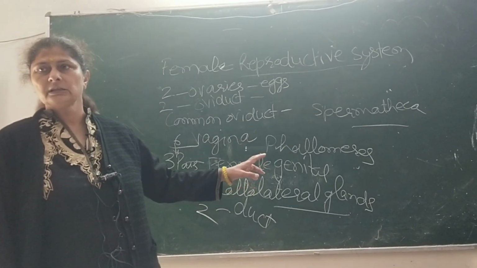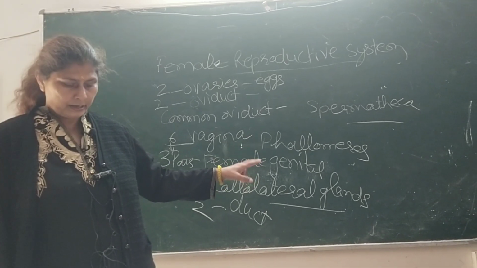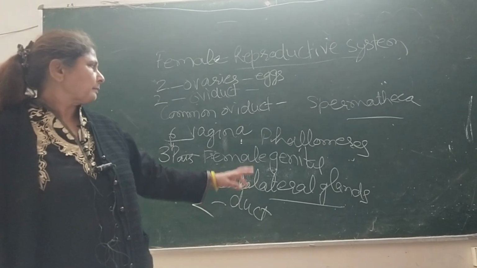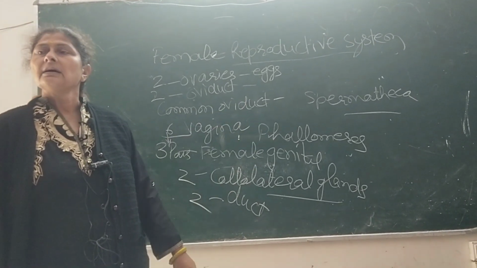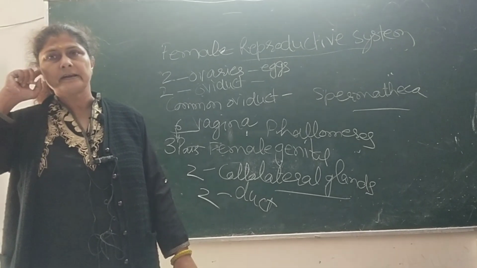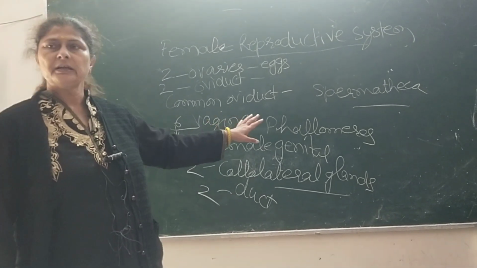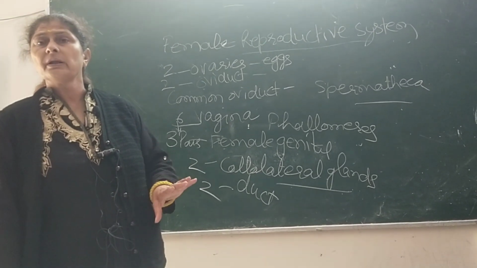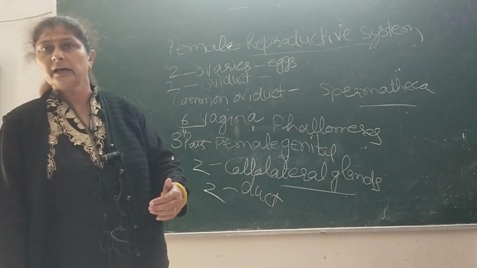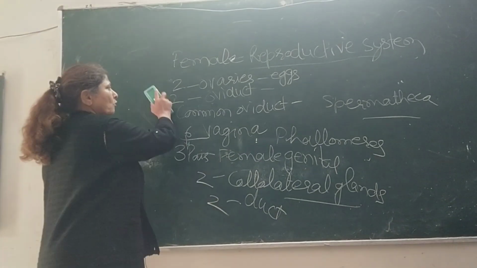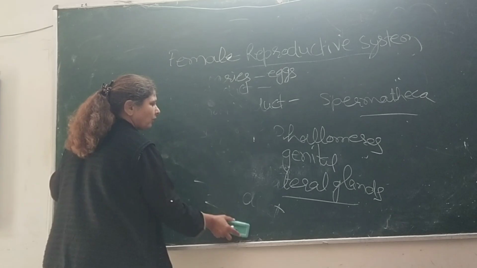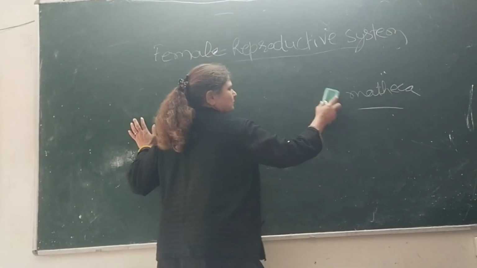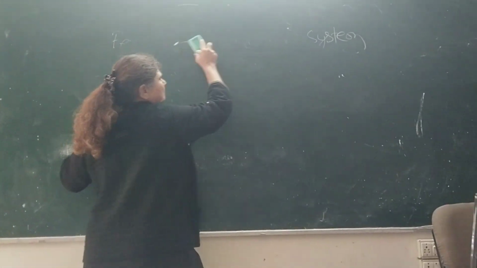The right spermatheca is degenerating, and the left one is properly structured, near the common oviduct or the vagina. Let's draw the structure and we can see all these parts in the diagram and understand them.